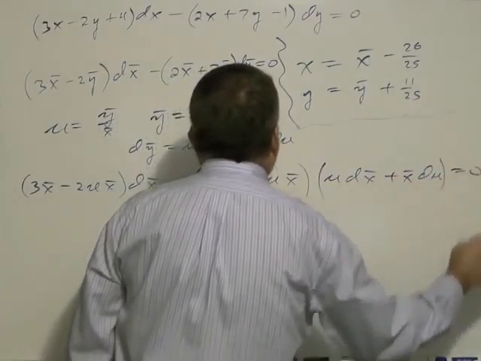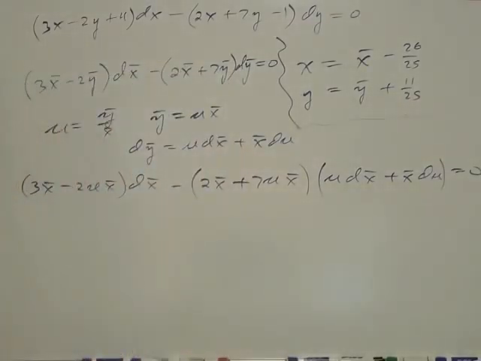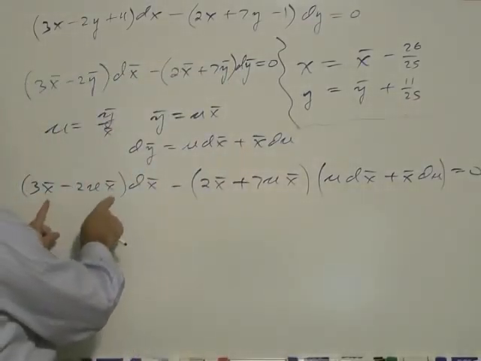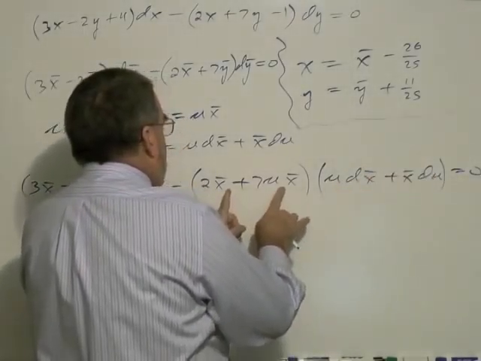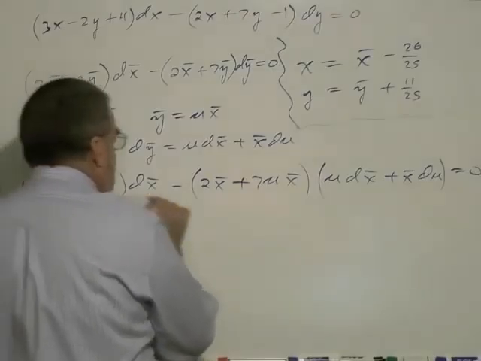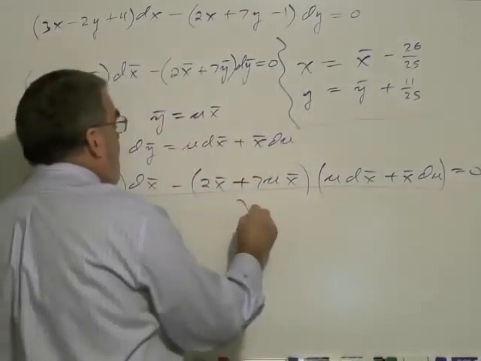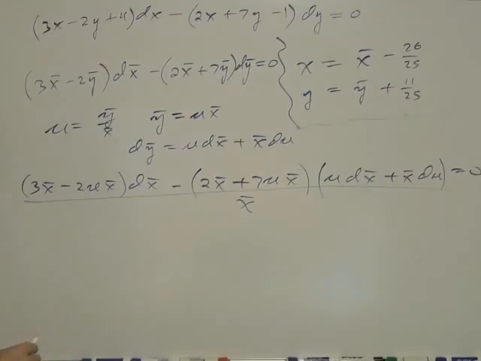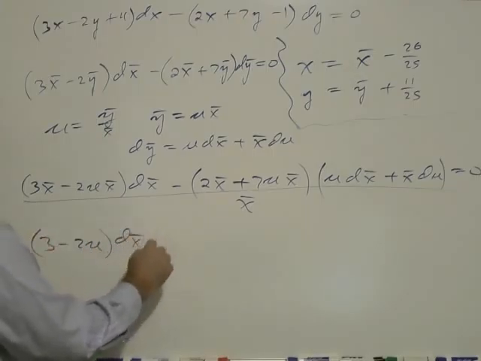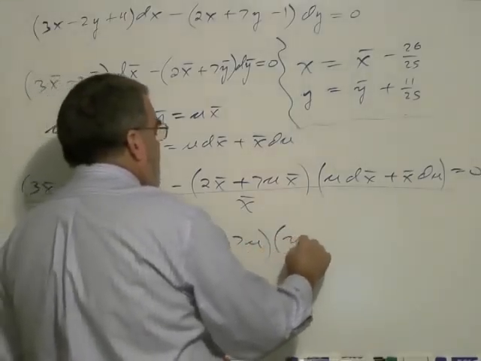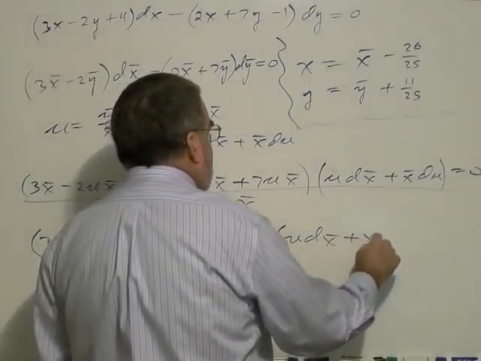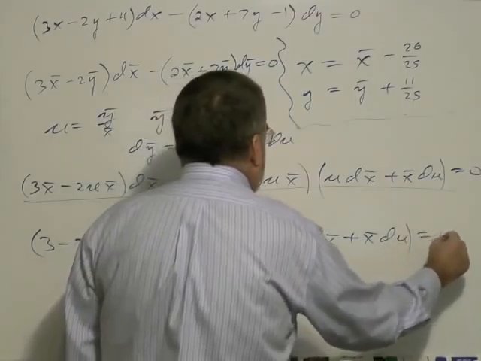All that equals 0. And if you look carefully here, we could factor an x bar out of this part and out of this part. So really I could divide by x bar. And that will give me 3 minus 2u dx bar minus 2 plus 7u times u dx bar plus x bar du equal to 0.